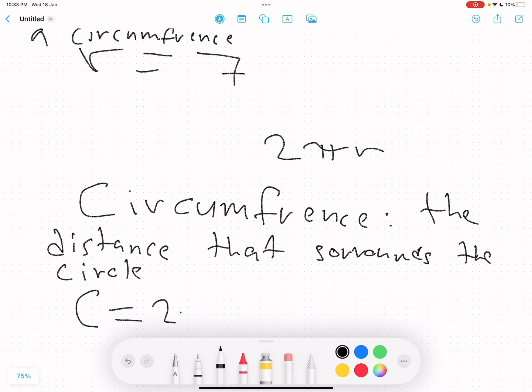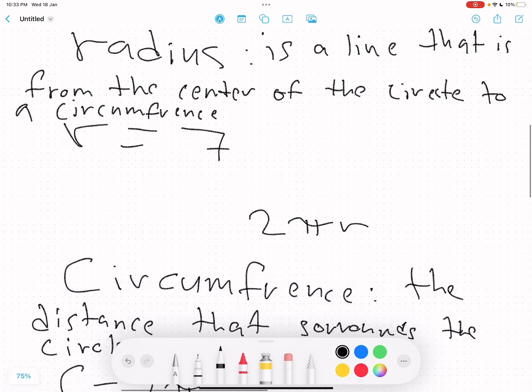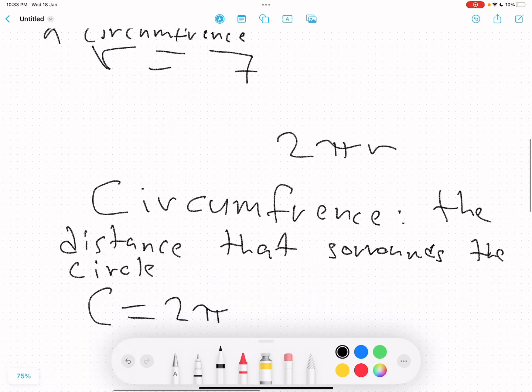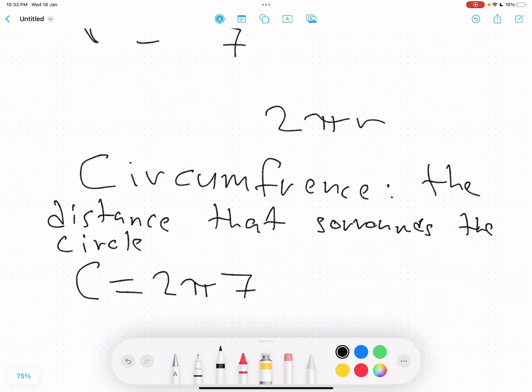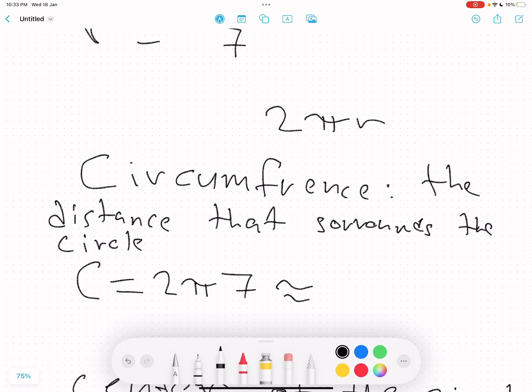So we have 2 pi, and we have r from the previous formula, which is 7, which gives us approximately 43.98.